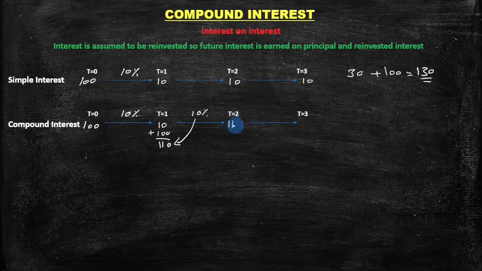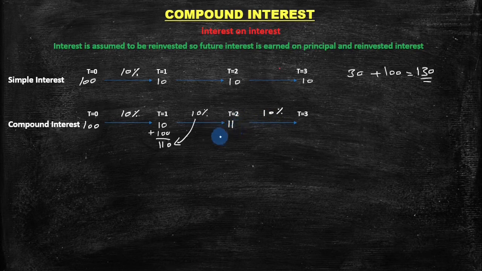As you can see, there is a dollar difference between these two. And I know this difference may not look very impressive, but over a longer time period, the difference becomes bigger and bigger. So let's continue this. The next year also 10%, the rate hasn't changed.